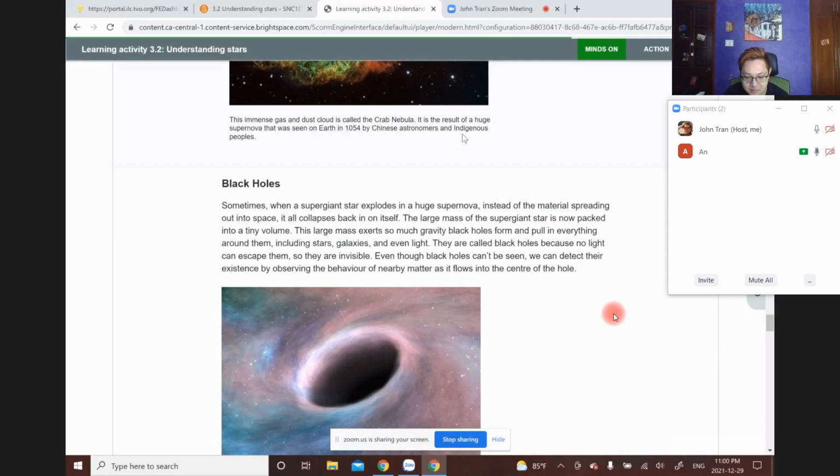This large mass exerts so much gravity that black holes form and pull in everything around them, including stars, galaxies, and even light. They are called black holes because no light can escape them, so they are invisible. Even though black holes can't be seen, we can detect their existence by observing the behavior of nearby matter as it flows into the center of the hole.